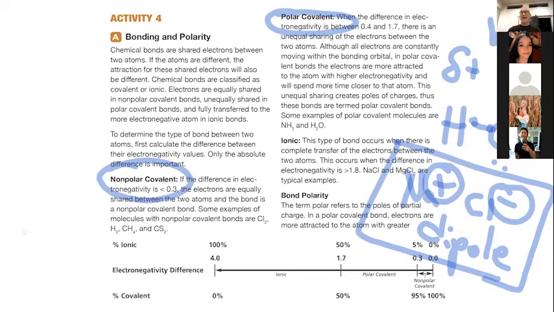And so the size of this dipole is going to be dependent on what? It's going to be a difference in something. The bigger the difference, the bigger the dipole. Difference in what?